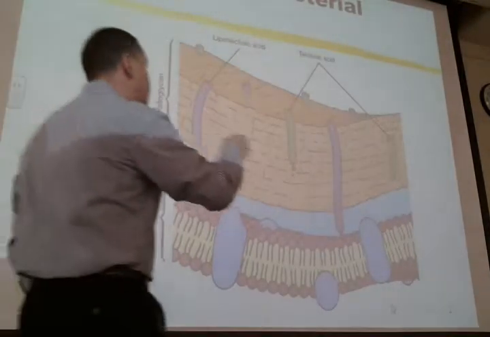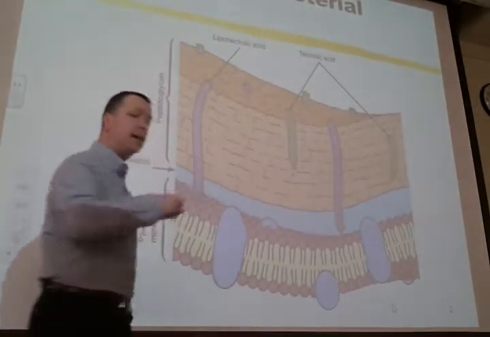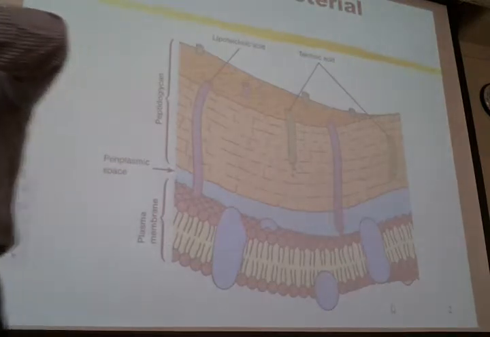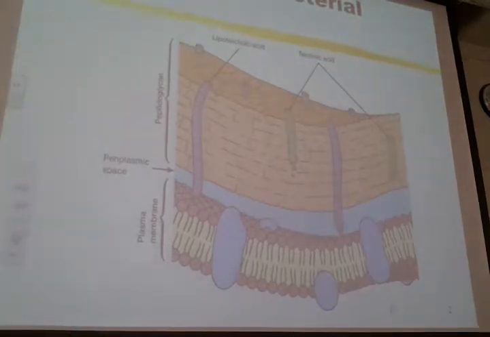So that's the bulk of this peptidoglycan layer. There are these layers of alternating sugars in polymers, and the polymers are cross-linked either by five glycines between the tetrapeptide tails or just a simple covalent bond between the tetrapeptide tails.